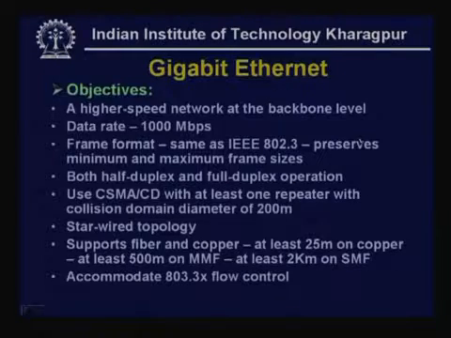So, a new standard was developed, which is essentially known as Gigabit Ethernet. So, for this Gigabit Ethernet, the key objective was a higher speed network at the backbone level, which can support a data rate of 1000 megabits per second.